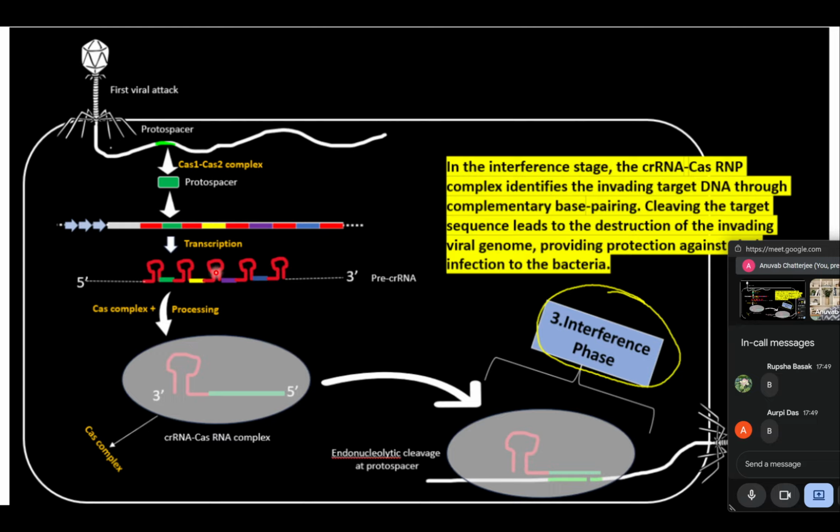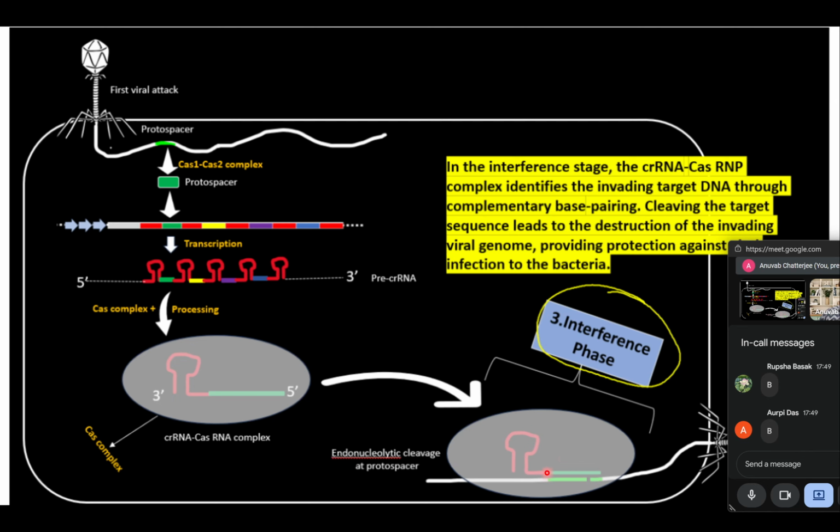These hairpin loops are formed by the spacers, and the protospacers are what will be used to detect the viral DNA. They are cleaved off and then incorporated into the Cas9 complex, which is the Cas RNP or the RNA protein complex, and you can see that the protospacer from the viral DNA is present here.